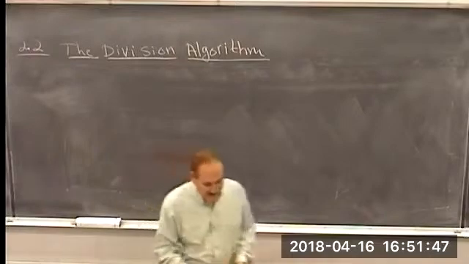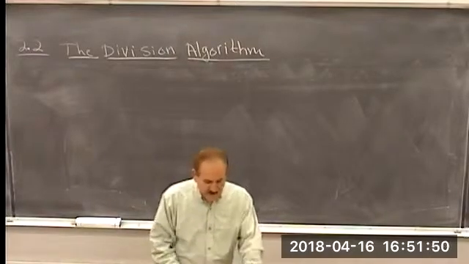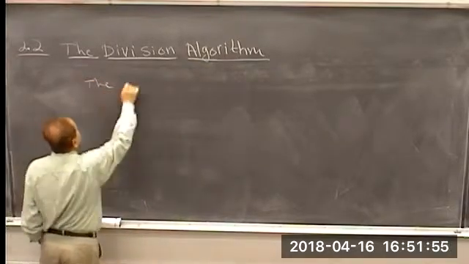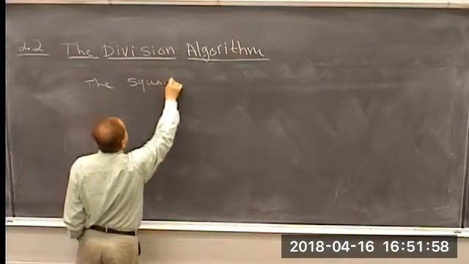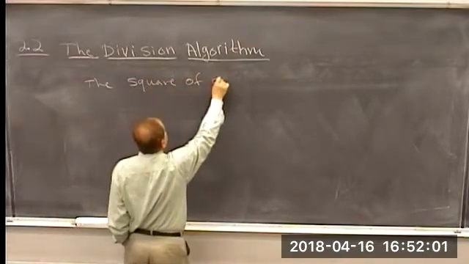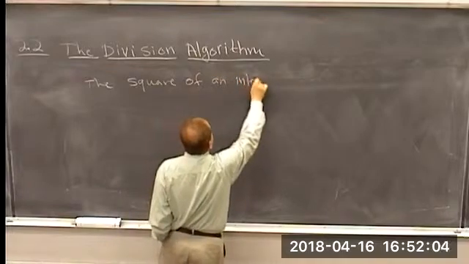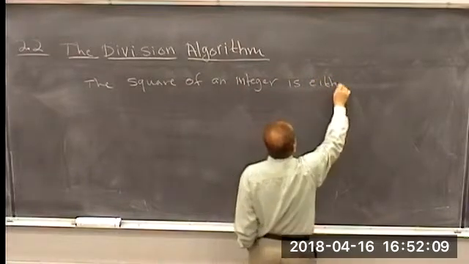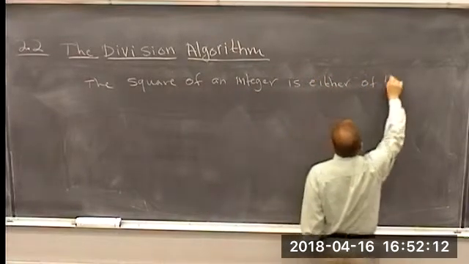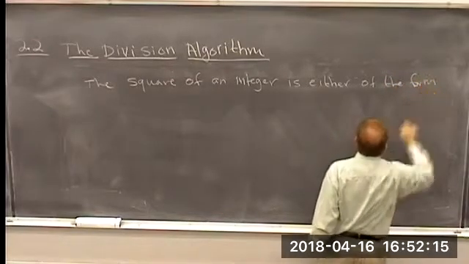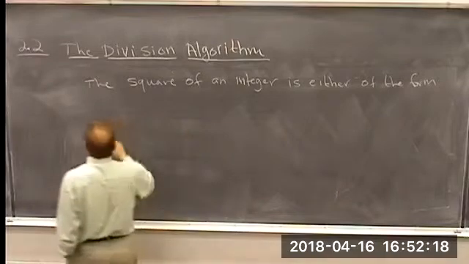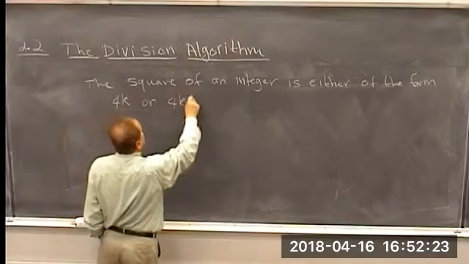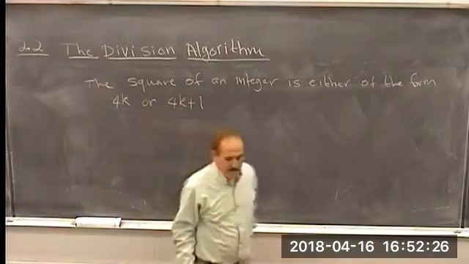So in this example, I want to show that the square of an integer is either of the form 4k or 4k plus 1. All right.